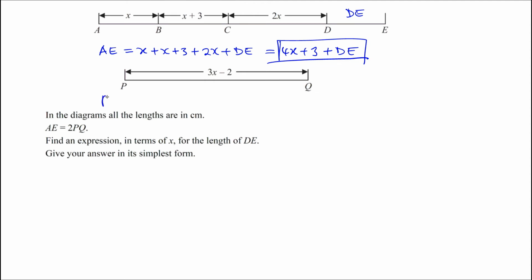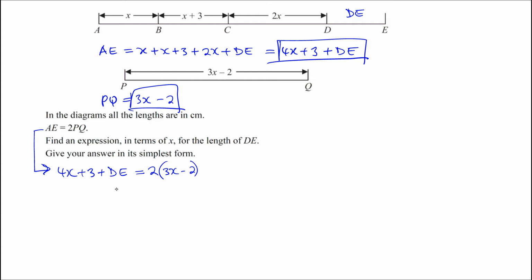And then PQ is just given to us, so that is 3x minus 2. And then we have this relation. AE, which is 4x plus 3 plus DE, is equal to twice 3x minus 2, twice PQ.